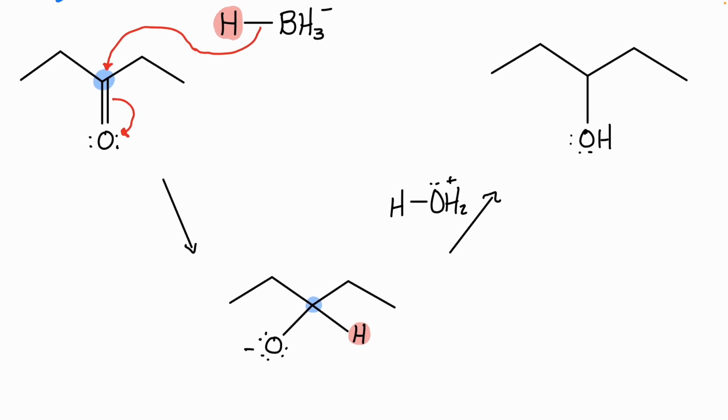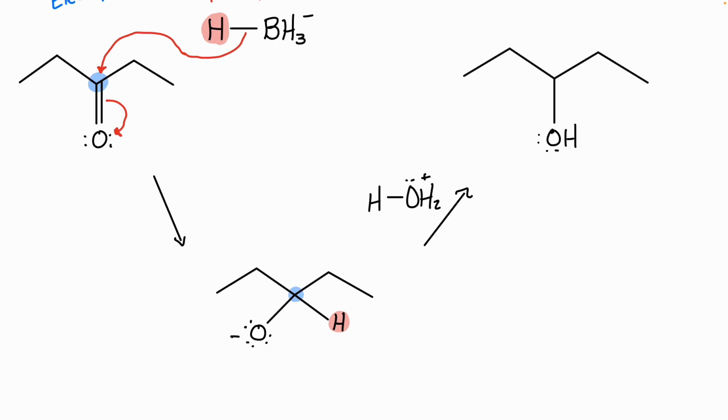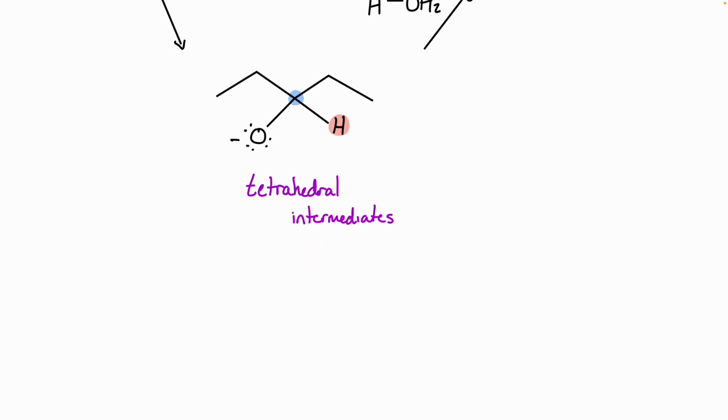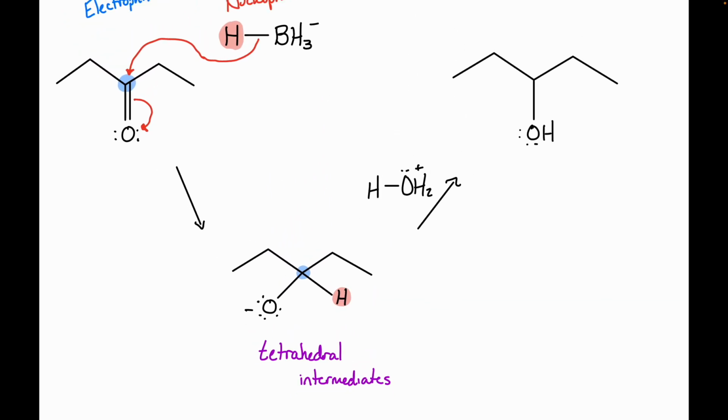Okay? We will see these because the carbonyl carbon plays the role of an electrophile all the freaking time. We have a special name for these intermediates that were formed. We call these tetrahedral intermediates. Because our carbon went from being trigonal planar in our ketone to being tetrahedral when it got attacked by that nucleophile.